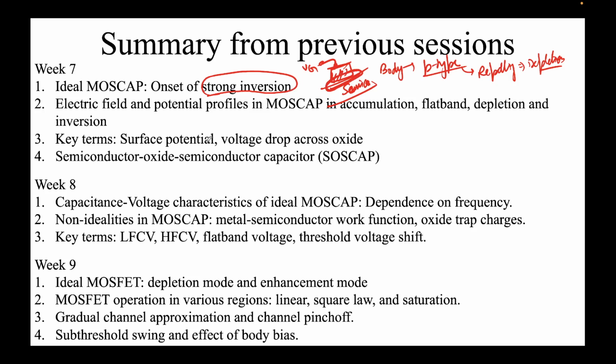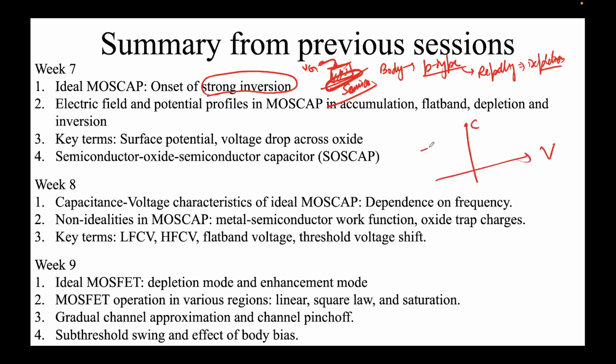And the key terms were surface potential, that is the potential at the surface, and the voltage drop across the oxide. So this is oxide, this is an ideal capacitor. Some voltage will definitely drop here. And then we saw the CV characteristic, capacitance-voltage, which used to look something like this.